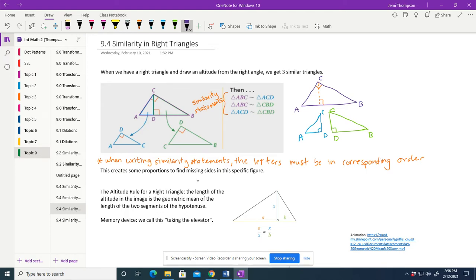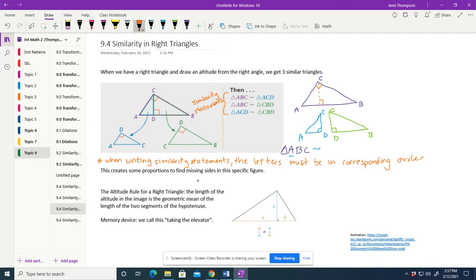This first triangle ABC, I'm just going to name it in alphabetical order. Now when I want to write a similarity statement between the purple triangle and the blue triangle, I want to know what angle in the blue triangle corresponds to angle A in the purple triangle.